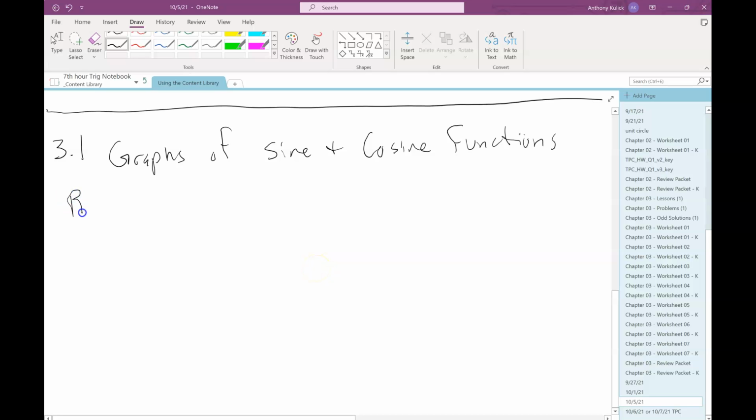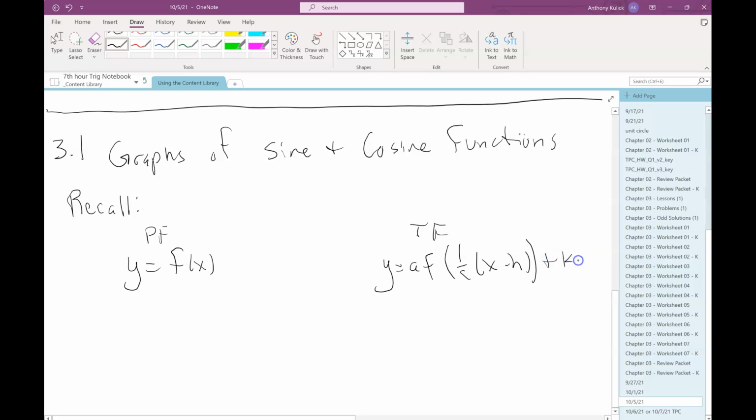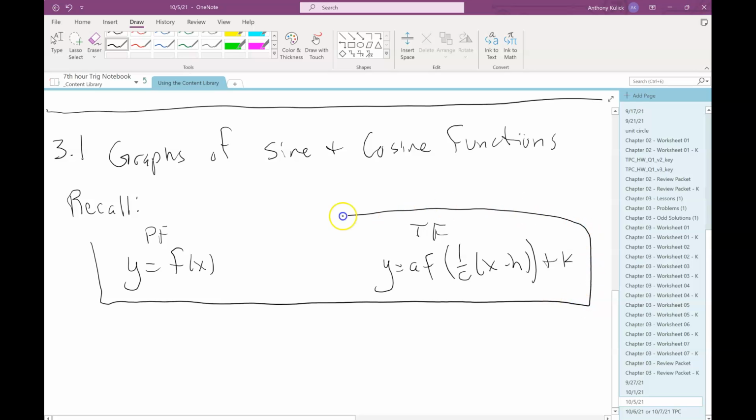From last time, we saw that if we have some parent function, we can describe any transformation of that parent function in the following way, where the A, C, H, and K control the different types of transformations. So that was our algebraic way of taking a parent function and transforming it.